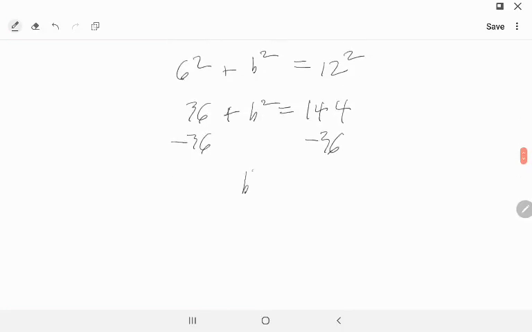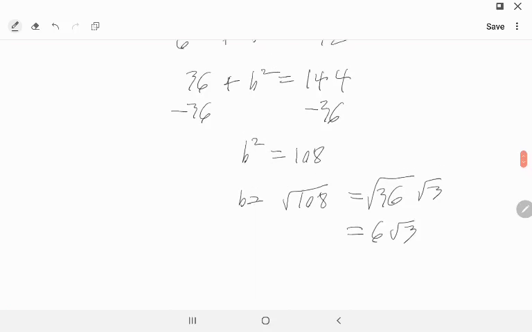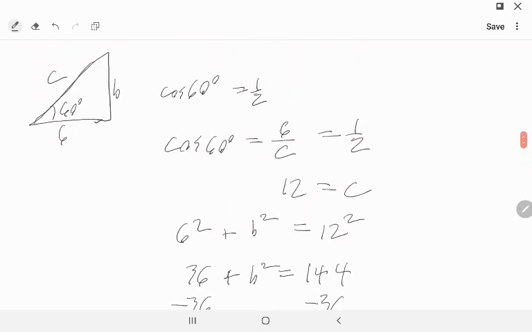So b squared is 108, and so b is the square root of 108. If we felt like it, we could find out that 108 is 2 times 54, which is 4 times 27, which is 36 times 3. Square root of 36 times square root of 3, and so it turns out to be 6 radical 3. But that's not something we have to know about. It's nice to simplify if we can, but not a focus of this class.